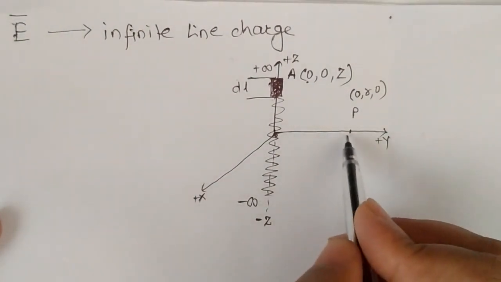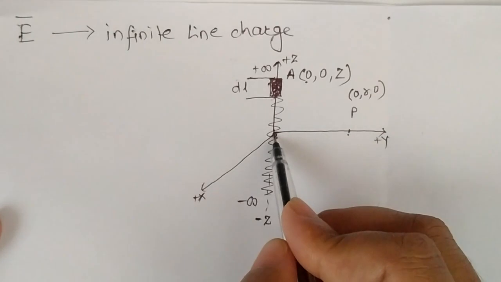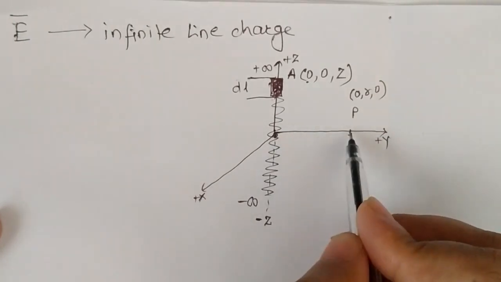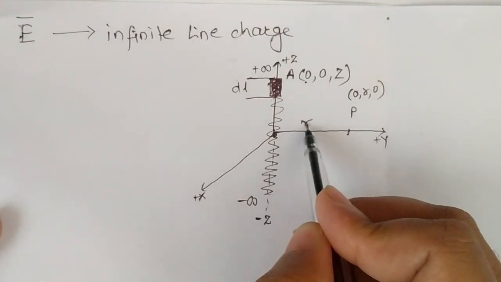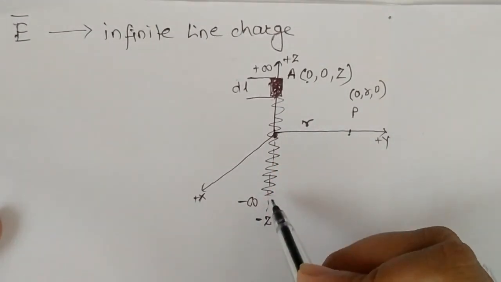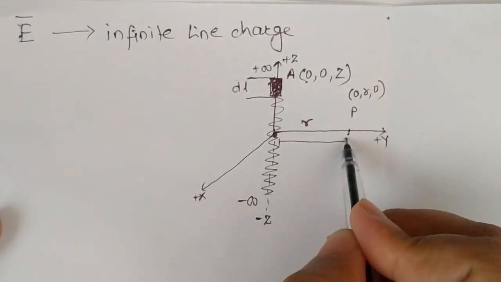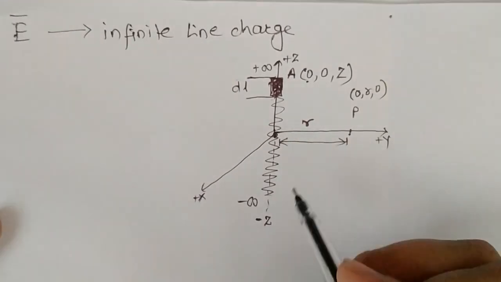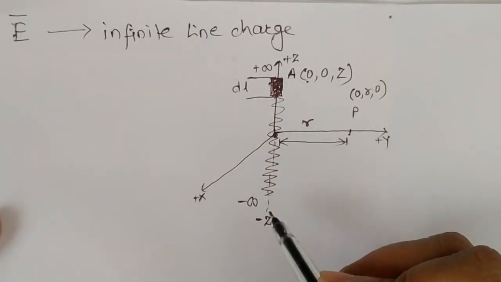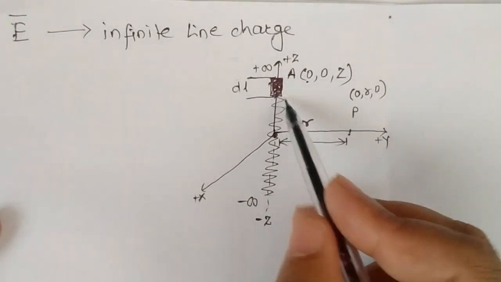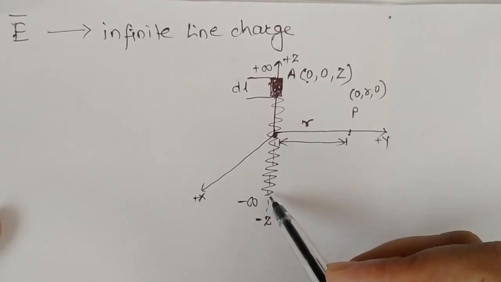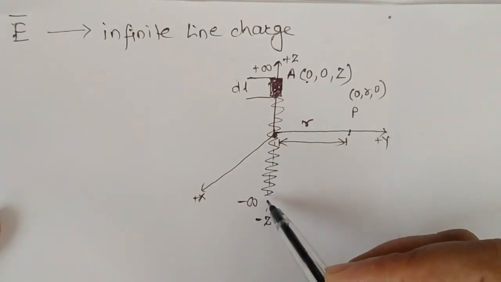Because this distance, from the origin to the point P, I am considering as the distance of the point P from the infinite length charge. So this distance I am considering as small r. So r is the distance of the point P from the infinite length of conductor.